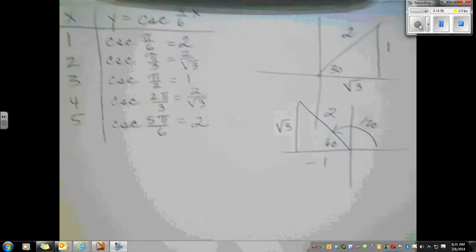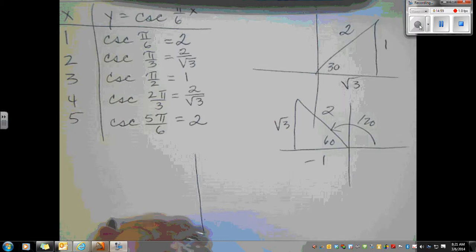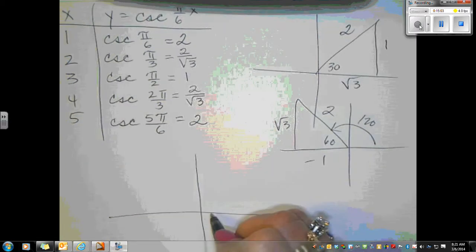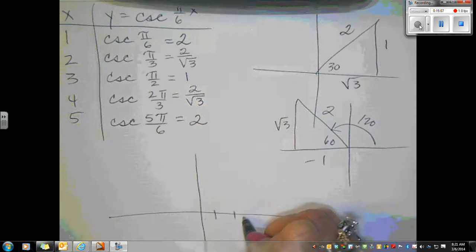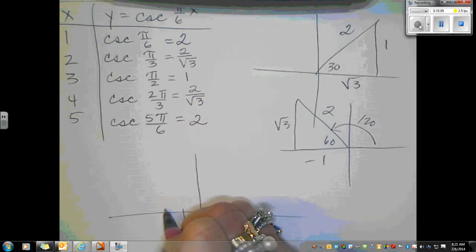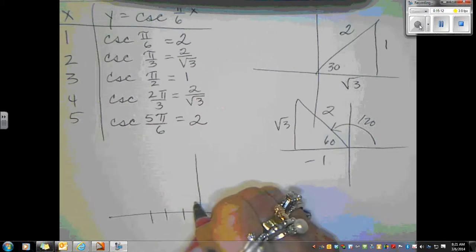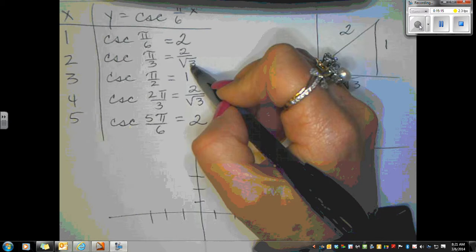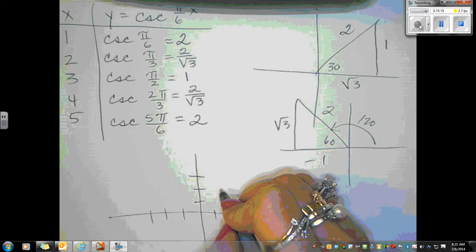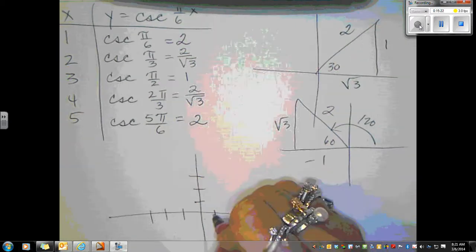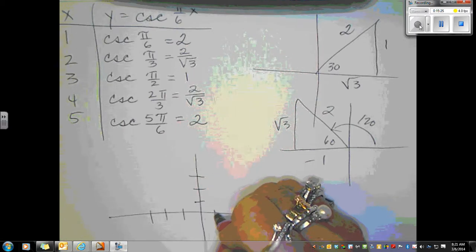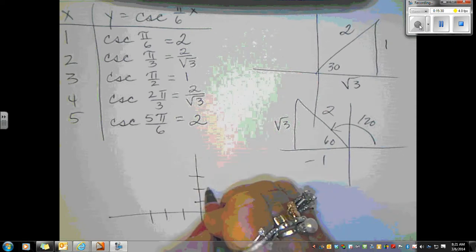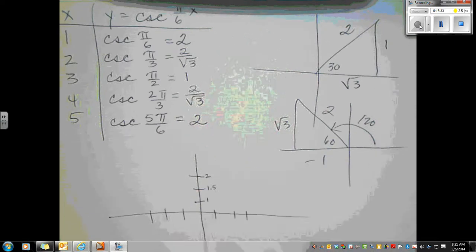Okay, so if I were to graph these, let's see. What is 2 divided by radical 3? 1.15. Okay. So if I am at 30, I am going to be up here at, do we want to say this is 1, this is 1.5, this is 2, like that?